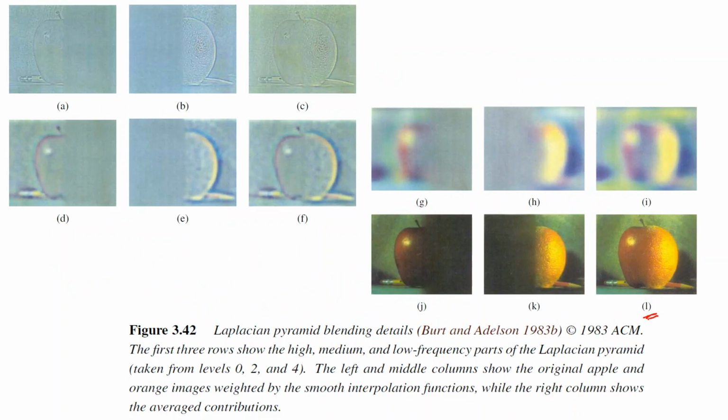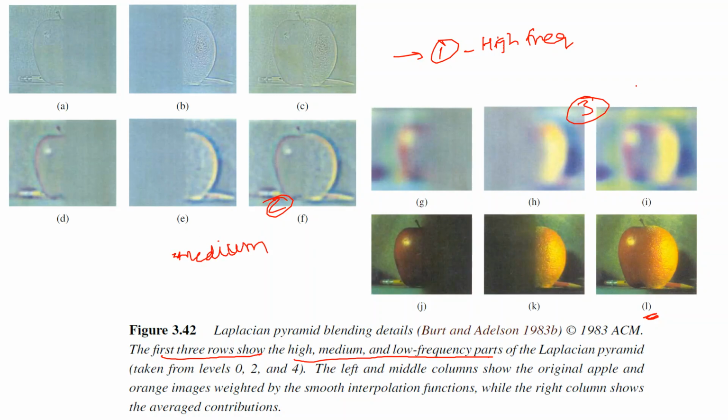Here we have images from A to L. The first three rows show the high, medium, low frequency parts. The first row represents high frequency details of an image. The second row represents medium frequency. The third row represents low frequency.